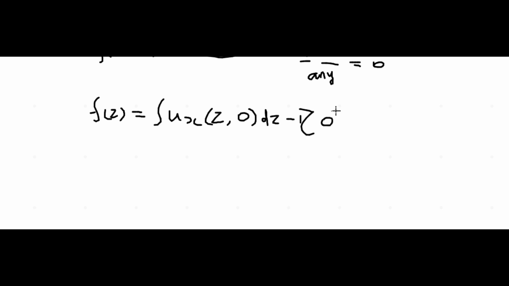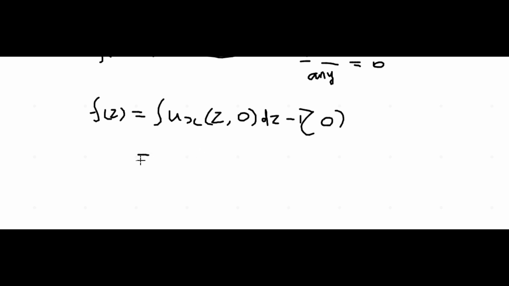Now we substitute the values in the Milne-Thomson formula, that is f of z equals integral of ux of z comma 0 dz minus i uy of z comma 0, which we know is 0. So the second term is entirely 0.